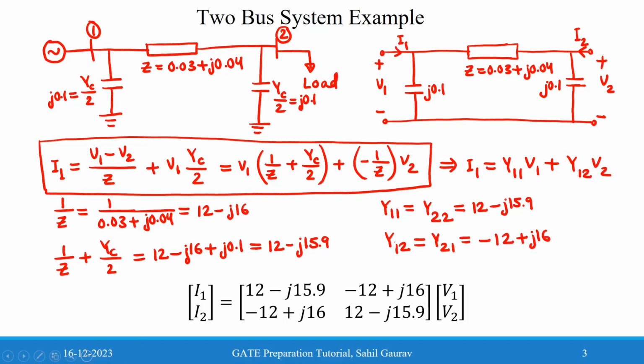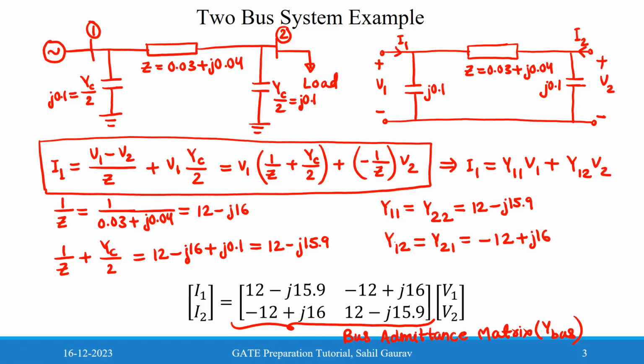Therefore we have this relation, and this is the bus admittance matrix for the two bus system, or you can say it is Y bus, right?